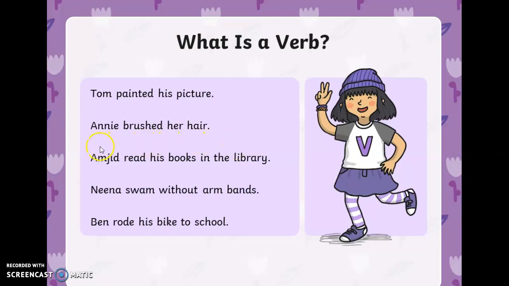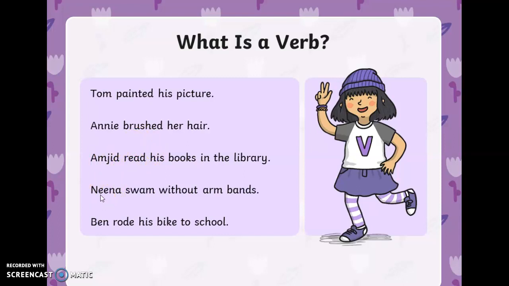So we can take those off of our guessing game. We now know that a verb is an action word. A verb is a doing word. So what is the doing word? What is the action word? What is the verb? Read. Read is the verb. It tells us the action that Amjad is doing. Read.